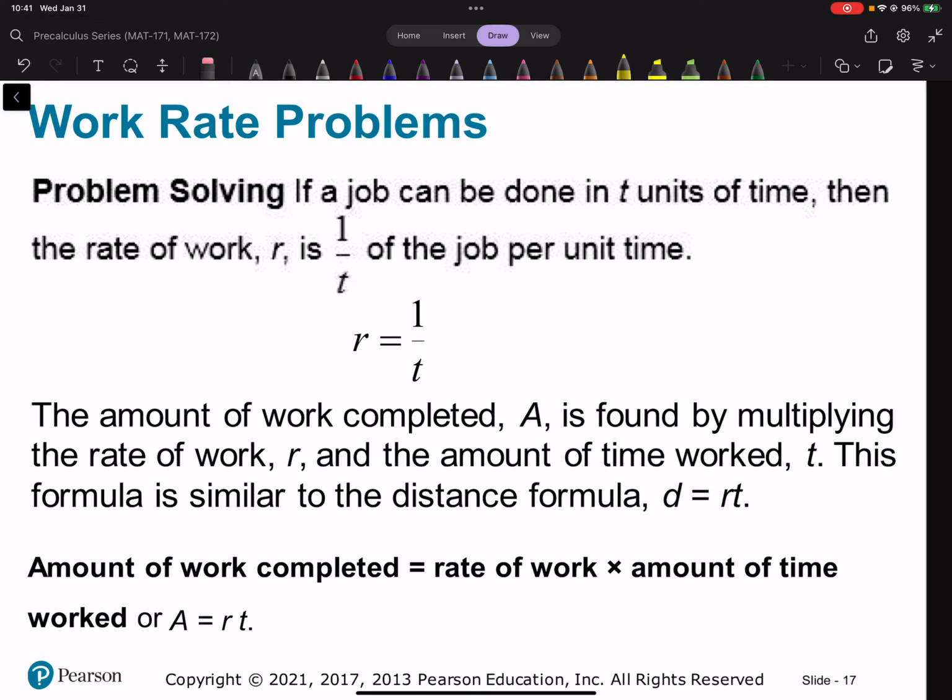Okay. There are other situations where one of the two people or things are working against each other. For example, maybe you're raking leaves in the yard in the fall with your sibling, and you rake all the leaves up in a pile and they run and jump in the pile. So you have a certain work rate where you're completing the job, and they have a certain work rate where they're actually taking away from completing the job.